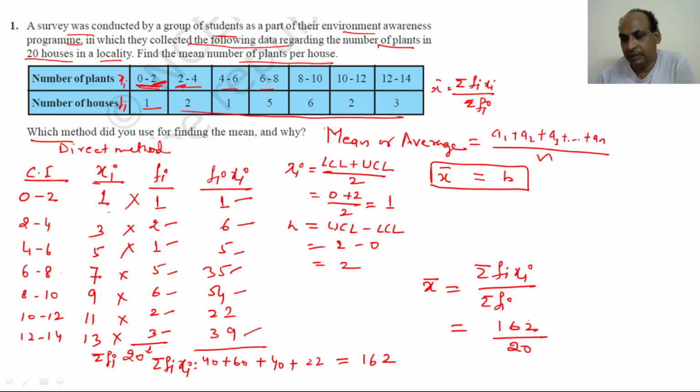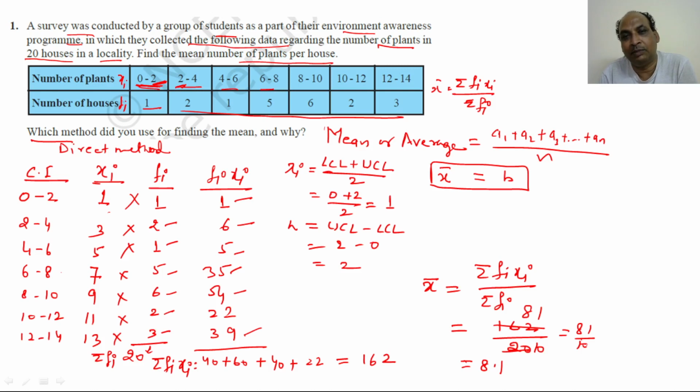With 2 you can very well cancel: 10, 81. So the mean has come as 8.1. So the mean number of plants per house is 8.1. 81 divided by 10 has given us 8.1.